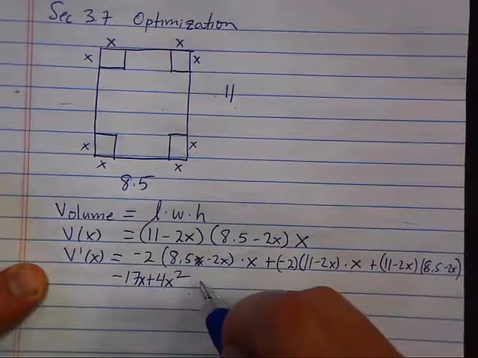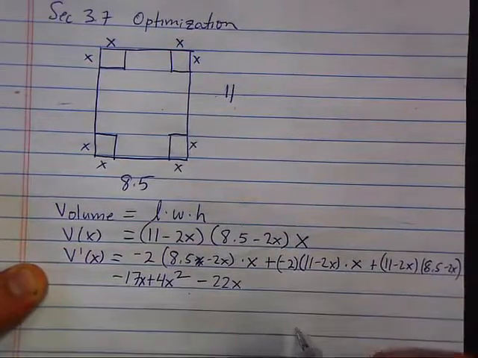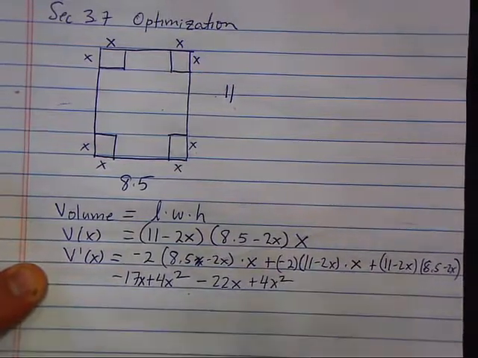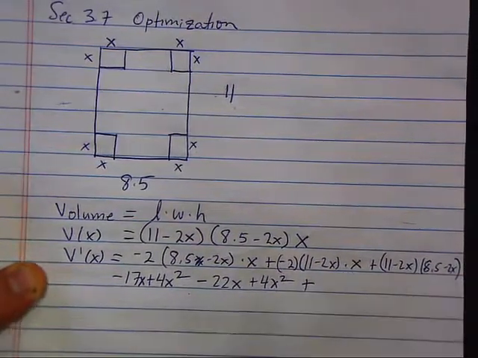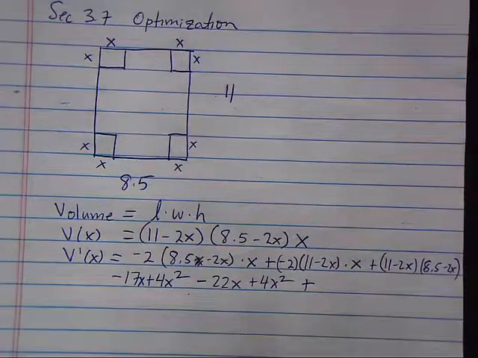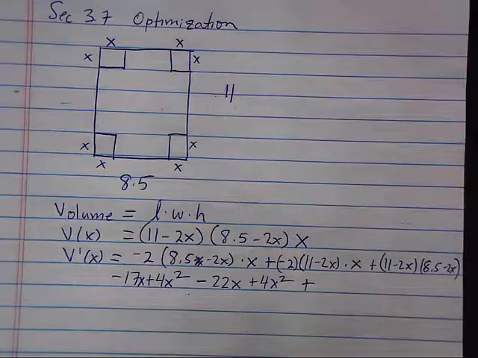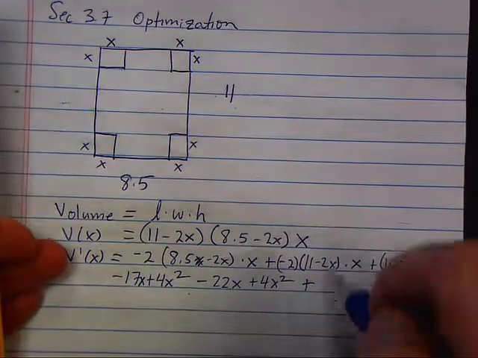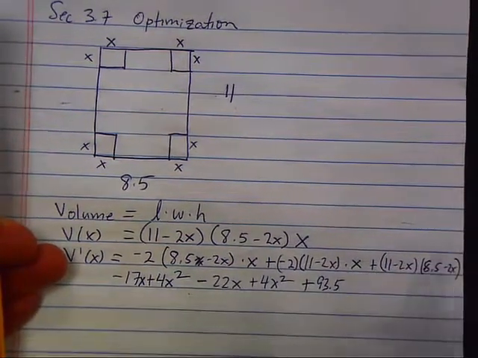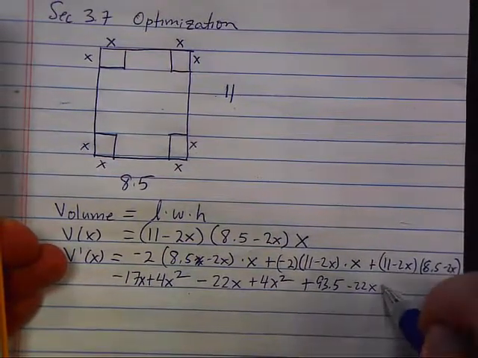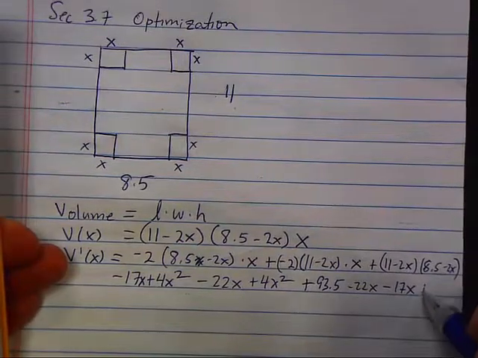That's going to give me negative 22x plus 4x squared plus, oh, I might need a calculator here. 11 times 8.5 is 93.5, minus 22x minus 17x plus 4x squared.